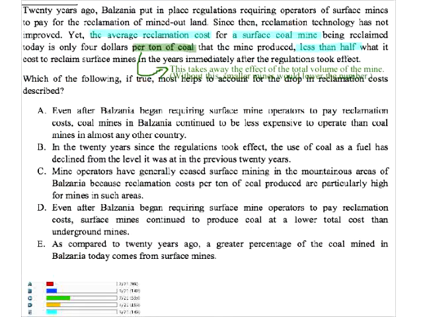So what we have is the average cost to reclaim a mine, which means to fix the land, has gone way down. So the average cost of reclaiming, which means repairing the mined land, has gone way down.